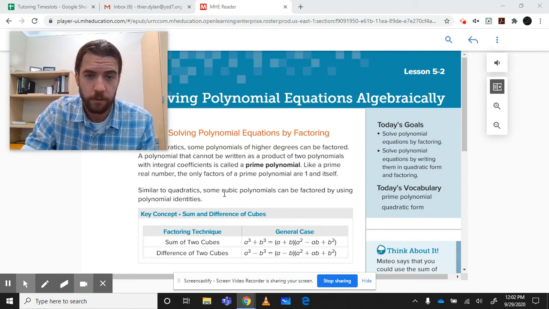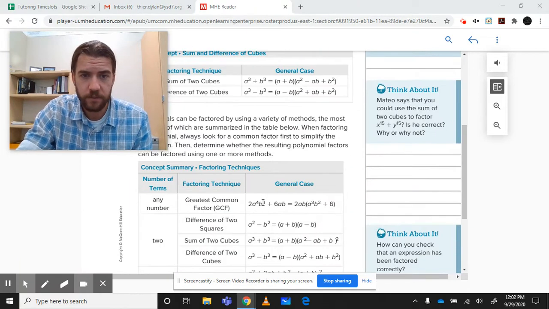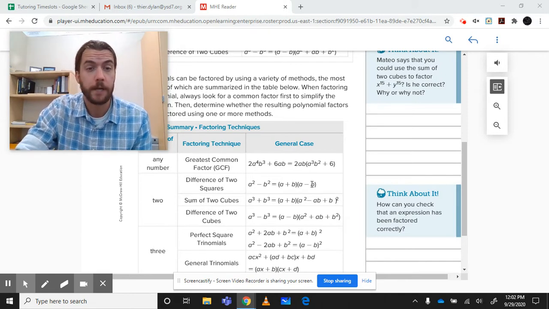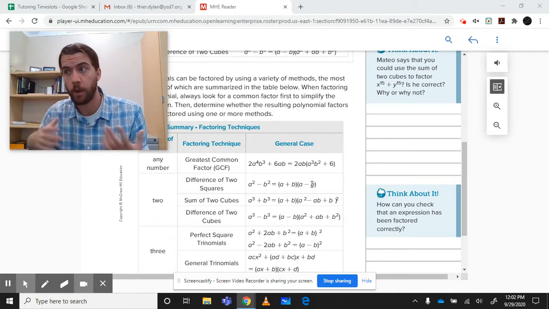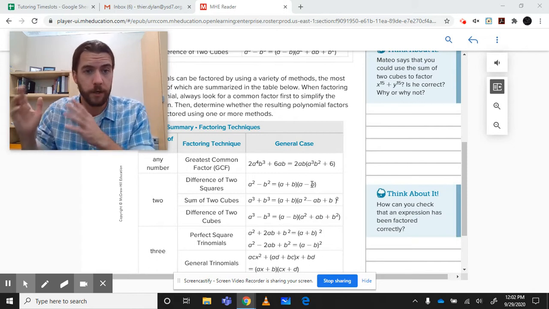Similar to quadratics, some cubic polynomials can be factored by using polynomial identities. We've seen an identity before, which was this one, the difference of squares: a squared minus b squared equals a plus b times a minus b. Identities, in one sense of how you could describe them, let you move between one way of writing something and a different way.